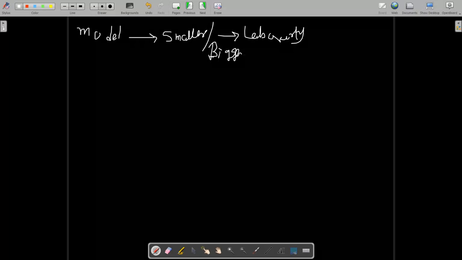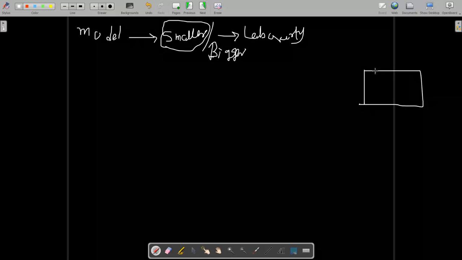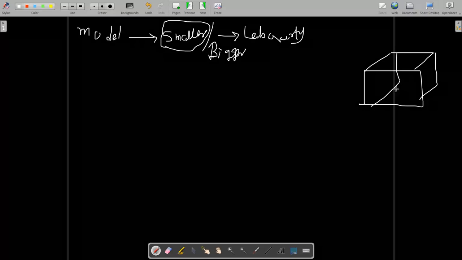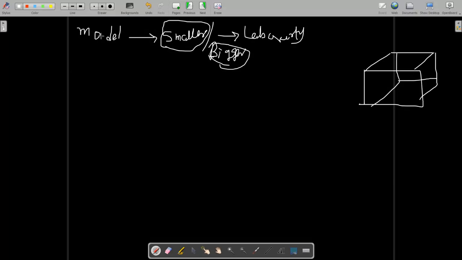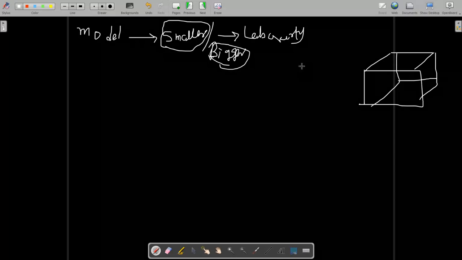Suppose for example we are doing model testing of an aeroplane, so our model will be smaller than the actual aeroplane. But in a chemistry lab, when we study crystallography and atomic structures like FCC and BCC, the models are actually bigger than the atomic size. So it need not always be true that the model is smaller than the actual one.